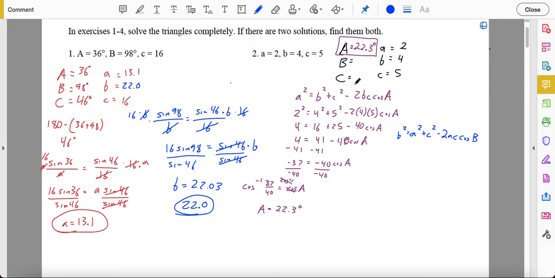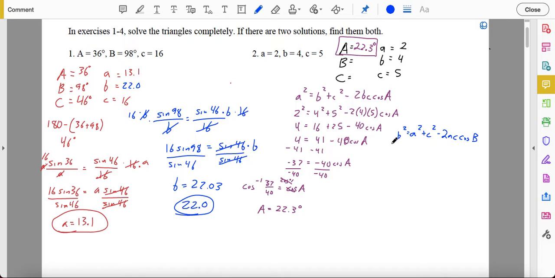There is a way where you can use law of cosines and then transition to law of sines. But the only way you can do that is if you use the law of cosines first to find the angle that corresponds with the longest side. So as a general rule, I just say once we start with the law of cosines, stick with it until you can finish the problem. So don't mix your methods.